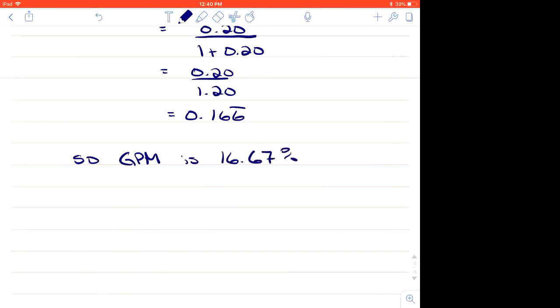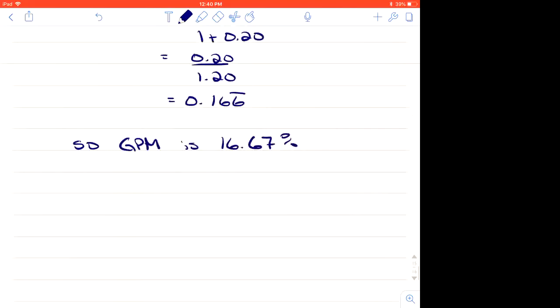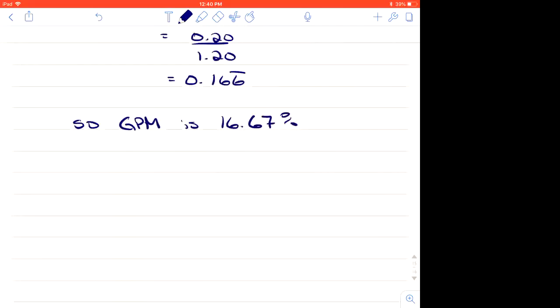I didn't specify how many decimal places, but let's play it safe and say 16.67 or 16.7 if you want. Any questions about that one? We're just ripping through these.